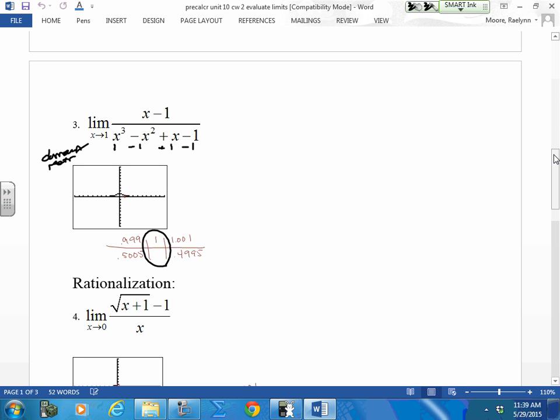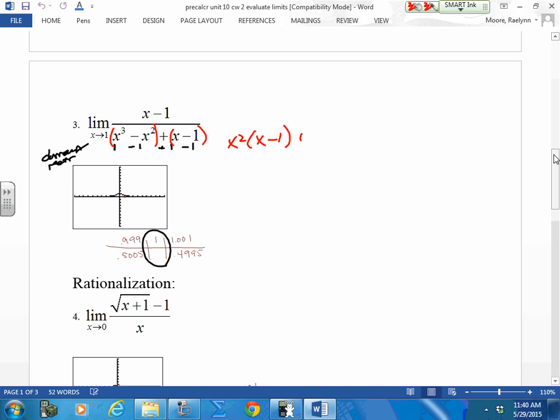So for me to see if we reach a limit as we approach that point, algebraically, we're going to factor this out, and just like we did the last one, if we can eliminate a factor, that's our point of discontinuity. So when we factor, we're going to group this. What can I factor out of the first group? X squared, good. And what am I left with? Good. Which is this group.